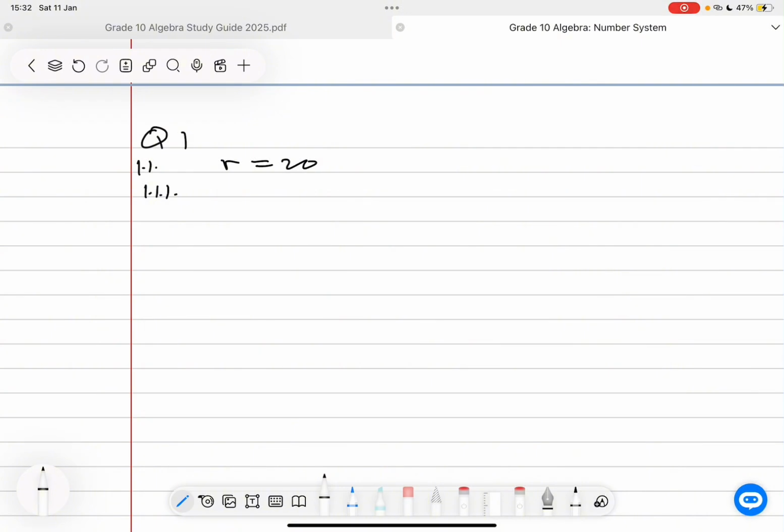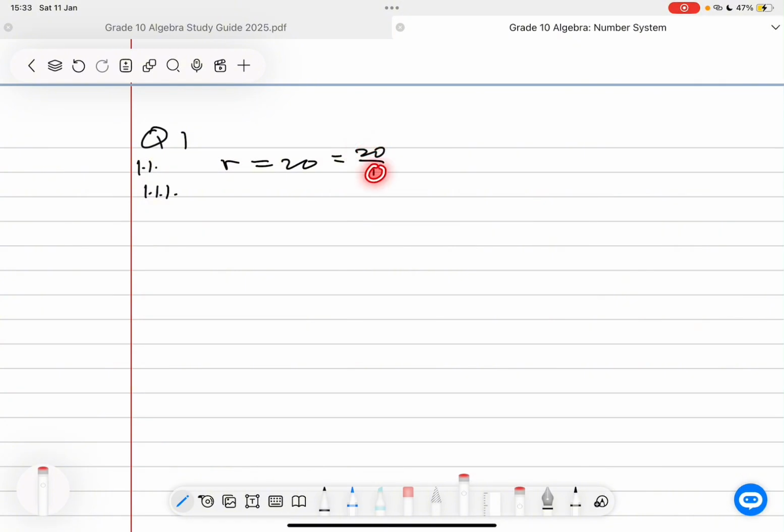this number falls under the natural numbers or under the whole numbers. And we know that natural numbers and whole numbers are integers. We can further write this number as 20 over 1, which has the form of A over B, where A and B are integers. I mean, both the 20 and the 1 are integers.